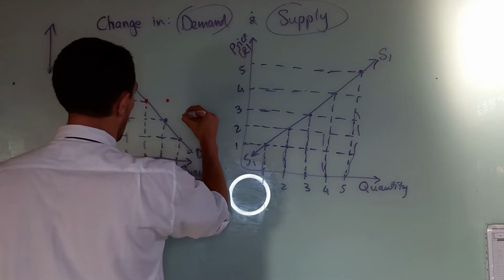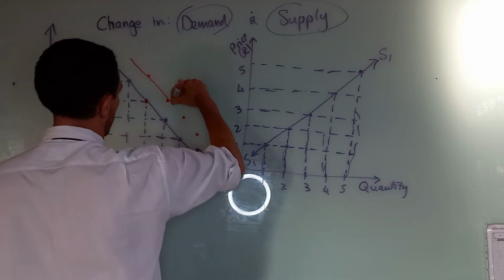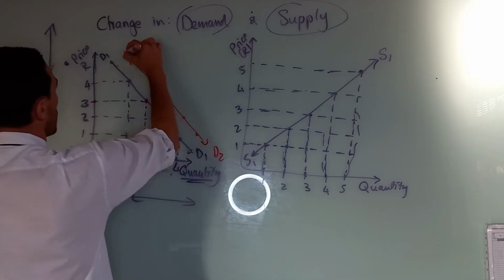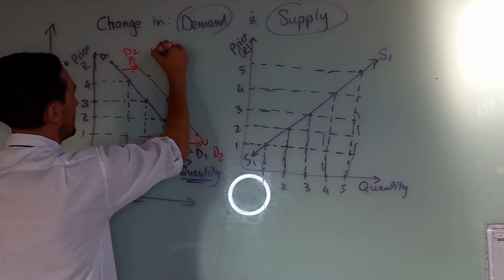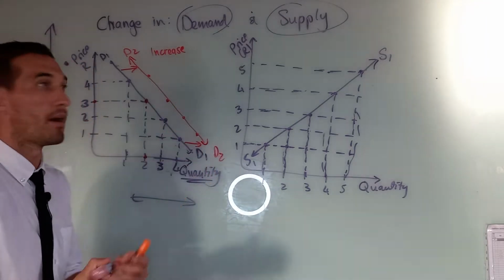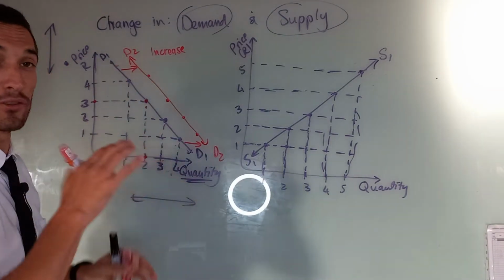So this whole graph will shift to the right, okay? Which means it shifts from D1 to D2, and this is why we write D1 and D2. If there's an increase in demand, my demand graph will shift to the right.